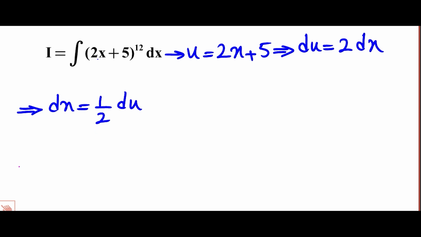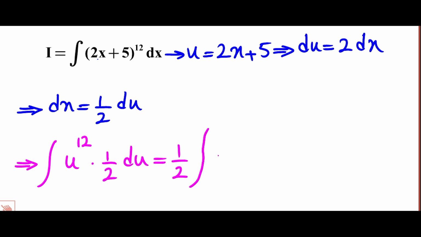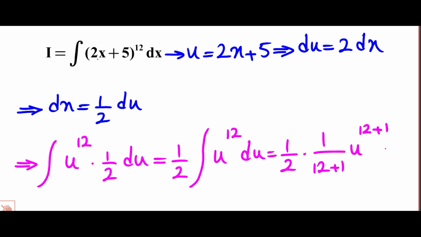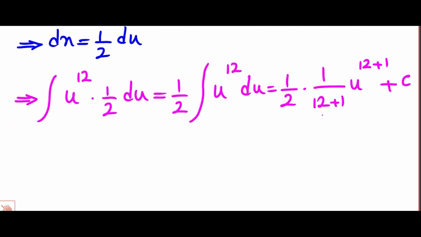So the integral becomes the integral of 2x plus 5 is u to the power of 12 times dx is 1/2 du, or 1/2 the integral of u to the power of 12 du. And if we use the power rule, we have 1 over 12 plus 1 u to the power of 12 plus 1 plus c, right?